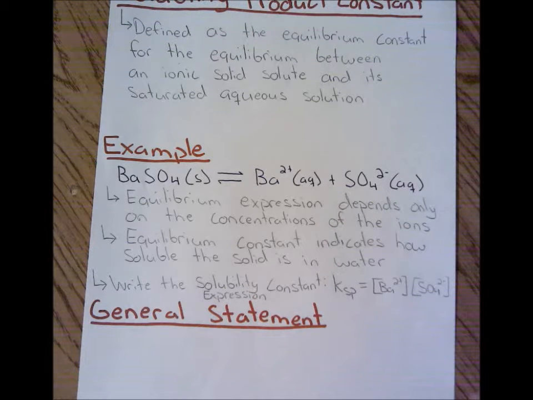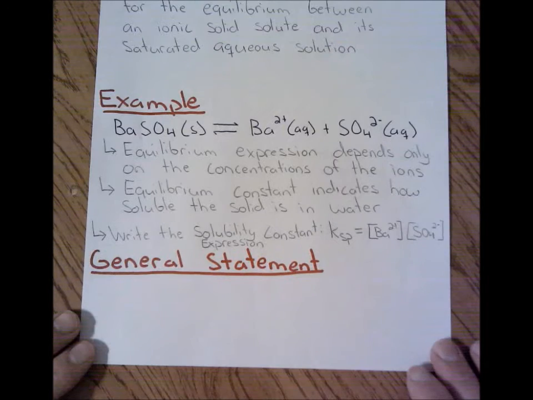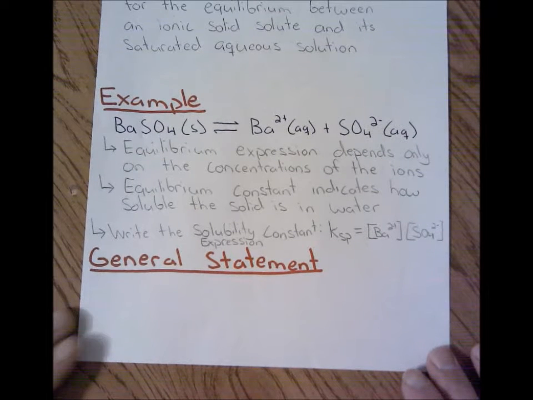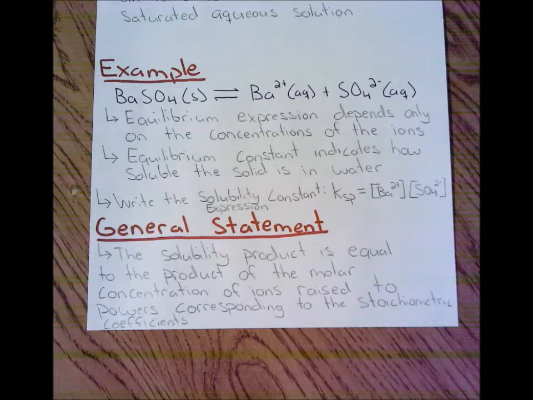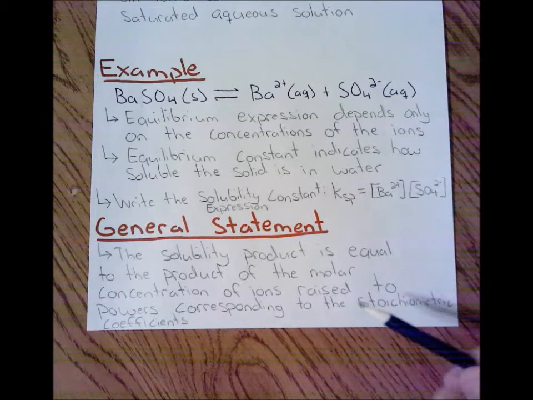So now we move down to this general overall statement: the solubility product is equal to the concentration of ions raised to powers corresponding to their stoichiometric coefficients. That statement is saying the same thing as our example up above.